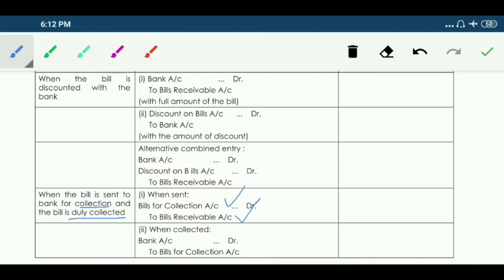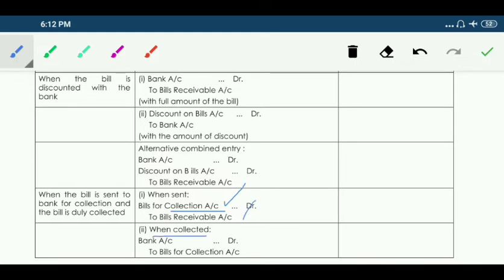So bills for collection account. Now we didn't receive cash from the bank, so that's why we debited the bills for collection account. So the bills receivable account is credited.